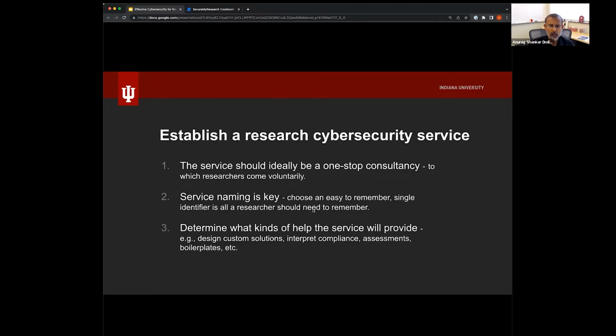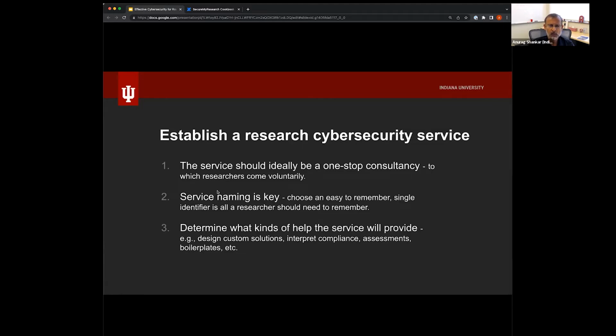With all this homework done, to actually provide the help that researchers need, you have to establish a service, and that's what we have. We call it Secure My Research. And I mentioned this earlier, the service should be something that's voluntary. If it's perceived as being shoved down one's throat, then that's not going to be successful.